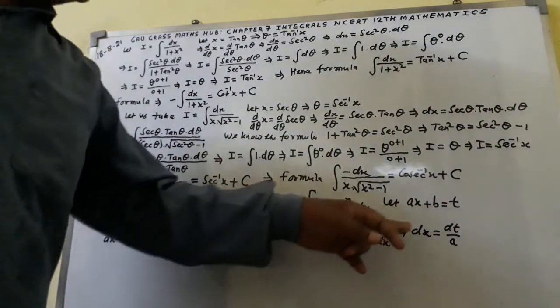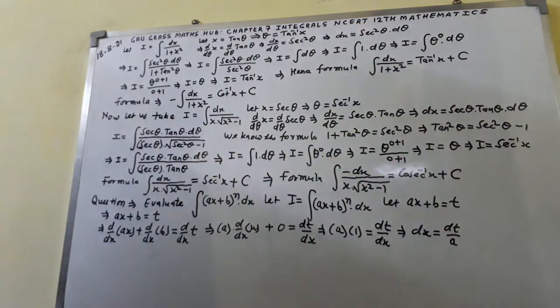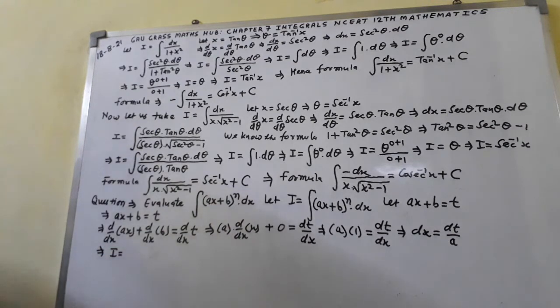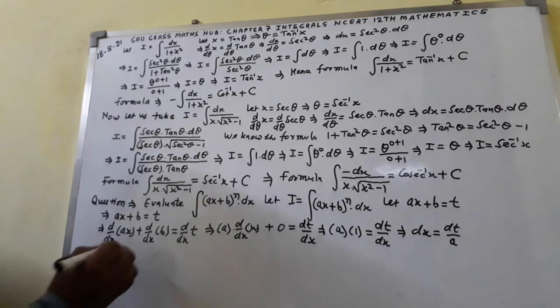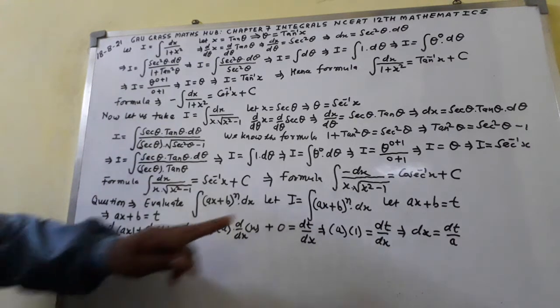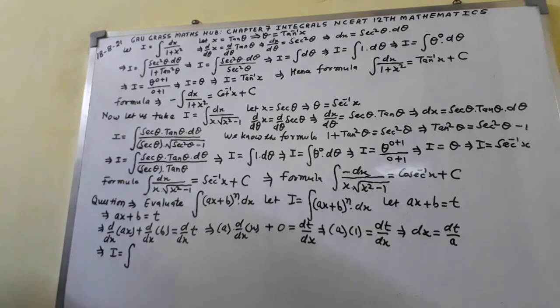With dx equal to dt over a, we have got... What to do next? Next I shall write, implied that I equal to integral, where ax plus b comes out to be t.